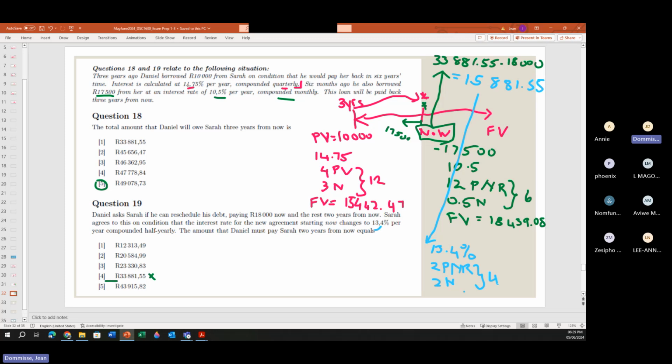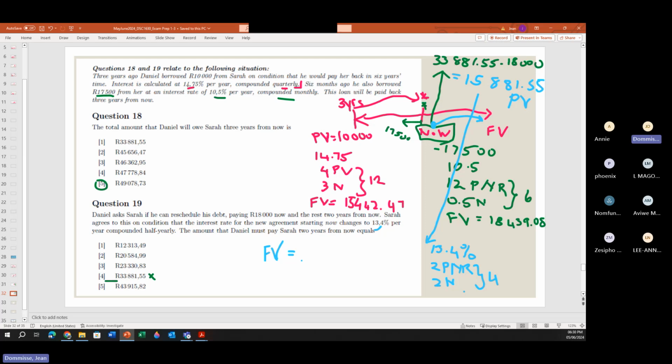So that's for 4 periods. So that was your present value. At this stage, we now need to find out what our future value is. Okay, so really a lot of work going into this question.